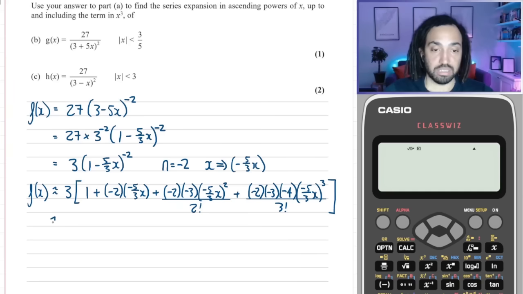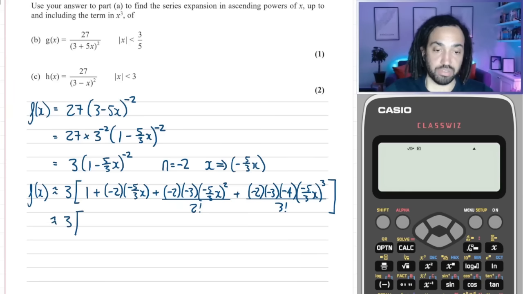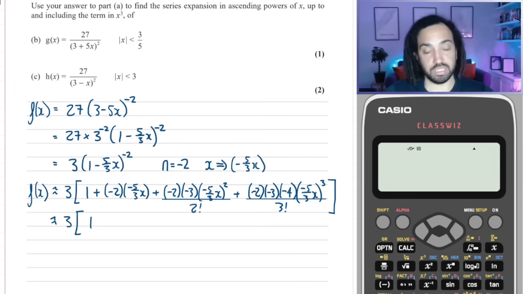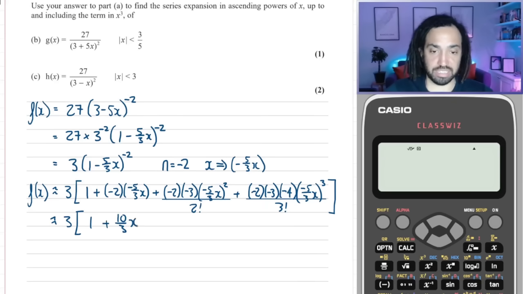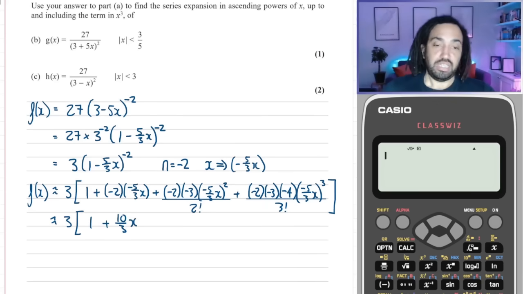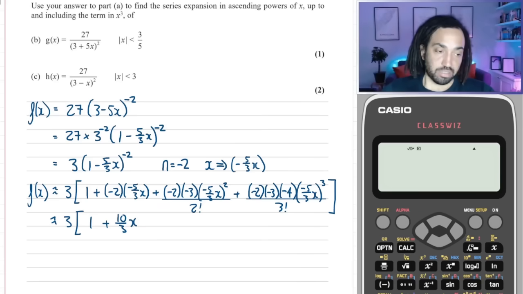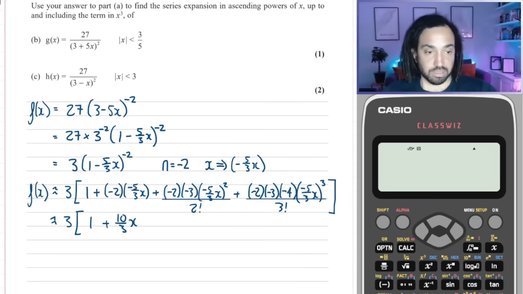Okay, so now time to simplify. 1, this will give us plus 10 over 3x. I definitely don't want to do this in my head because I will make a mistake and that is not time efficient.